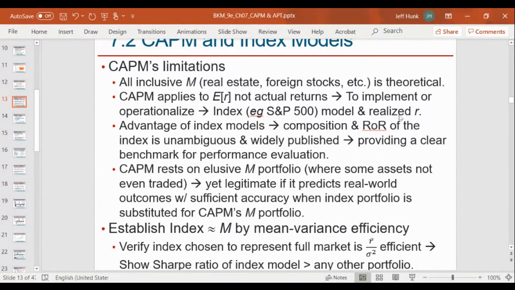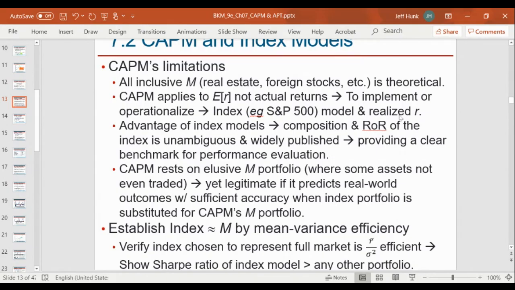Sometimes even things like pork belly, wheat, and rare earth minerals that are being used for high tech. So think about it. An all-inclusive, comprehensive market portfolio is only theoretical, right?